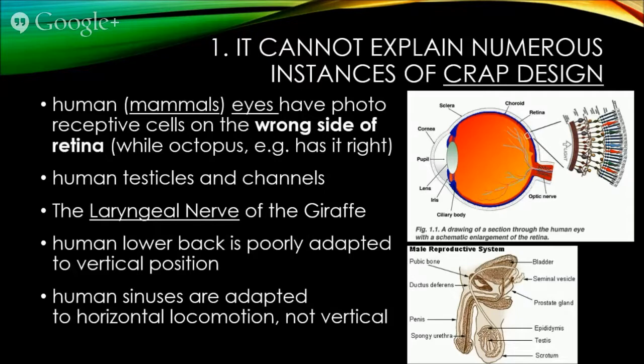First of all, the guys from this design group claim that there is very, very complex life around us, and it must be designed. But we have examples of stupid designs, which would never be done by any sane designer or engineer.